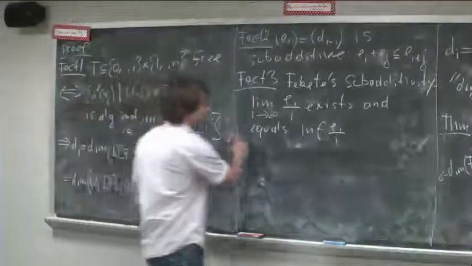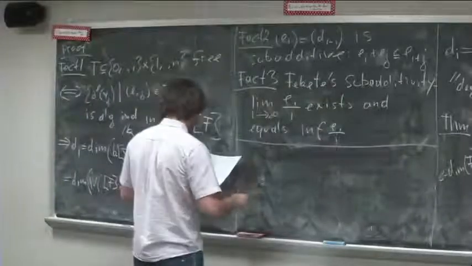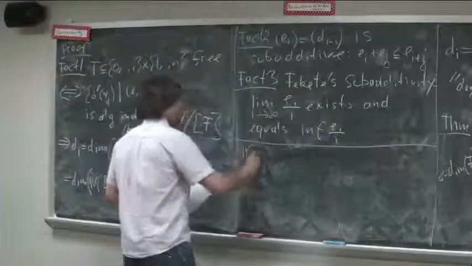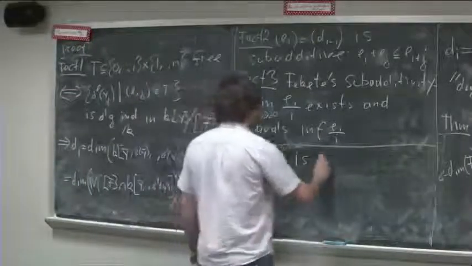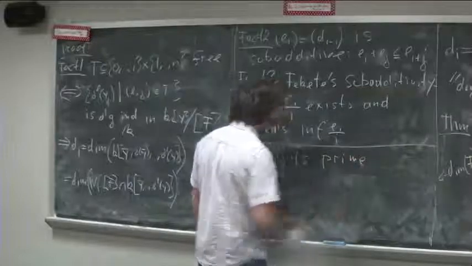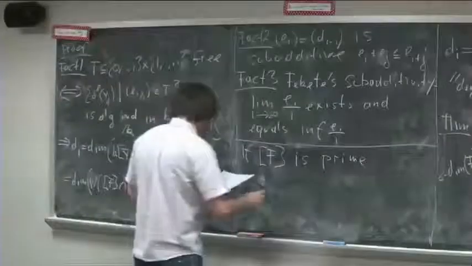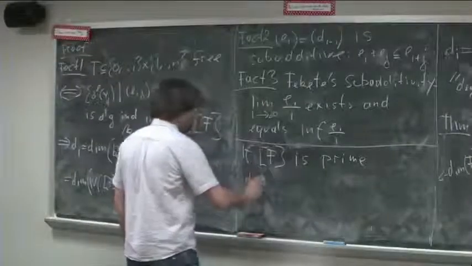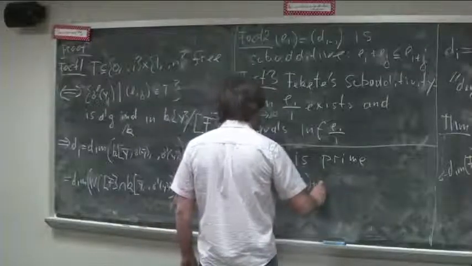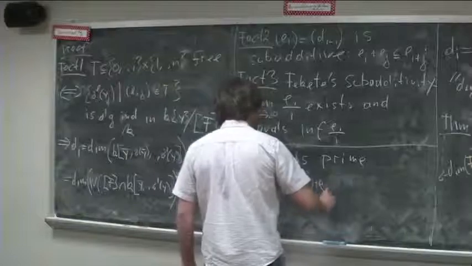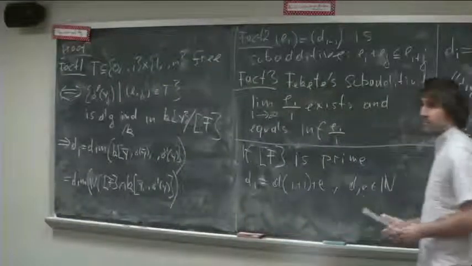And so I promised to give also the comparison with the classical notion. So if the difference ideal generated by f is prime, then it is known that the sequence of the DIs is eventually a polynomial. So then it is of the form d times i plus 1 plus e, for d and e integers.